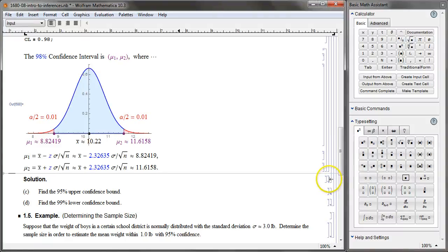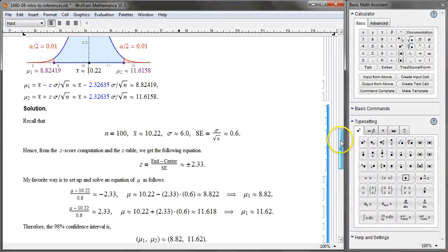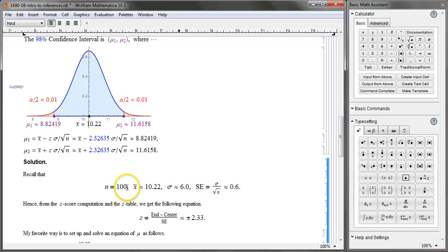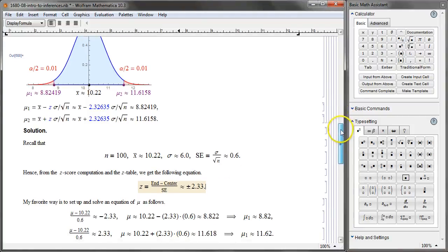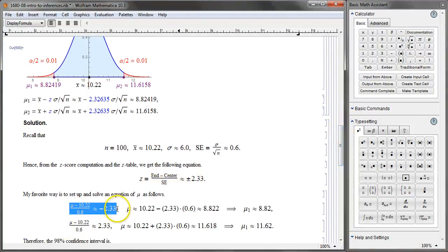Well, okay, let's open up the solution, and here we go. It's 100, so the standard error is 6.0 over square root of 100, so it's 0.6. And then end minus center over standard error is plus or minus 2.33. From this equation, flip the denominator over to the other side, we get about 8.822.